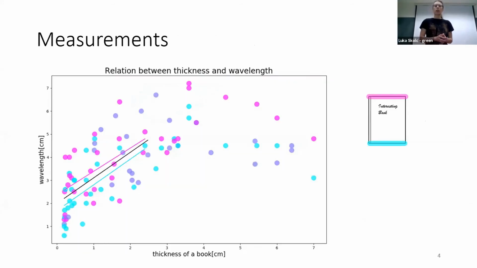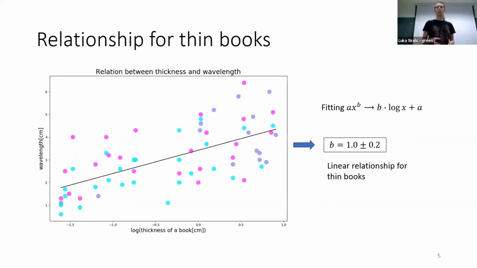Here, pink color represents the upper edge and blue color represents the bottom edge. And as you can see, normally wavelengths at the upper edge are longer than waves at the bottom edge. What you can also see from this graph is that there exists a relation between wavelength of a book and thickness of a book that seems to be linear for short books, for thin books.